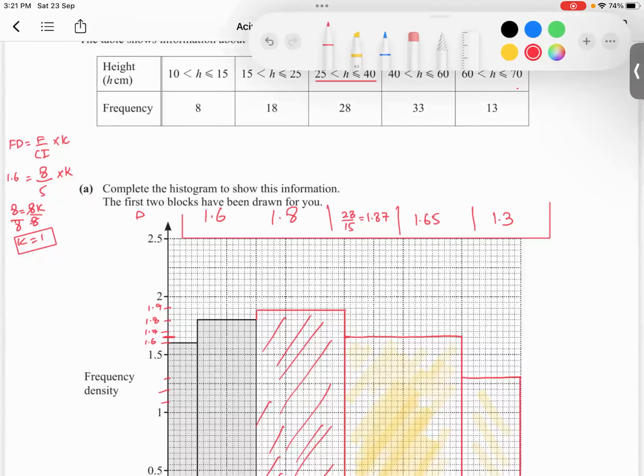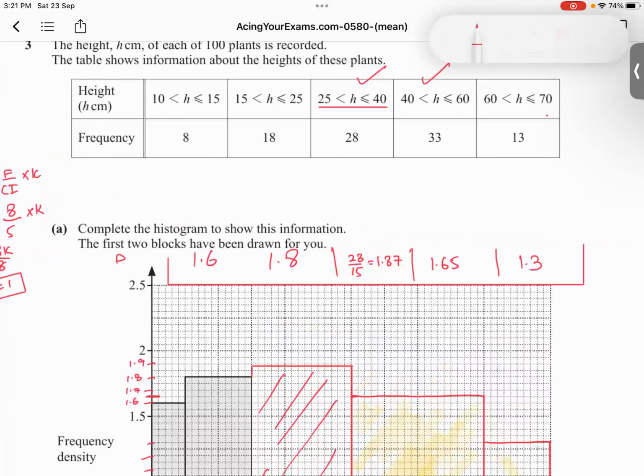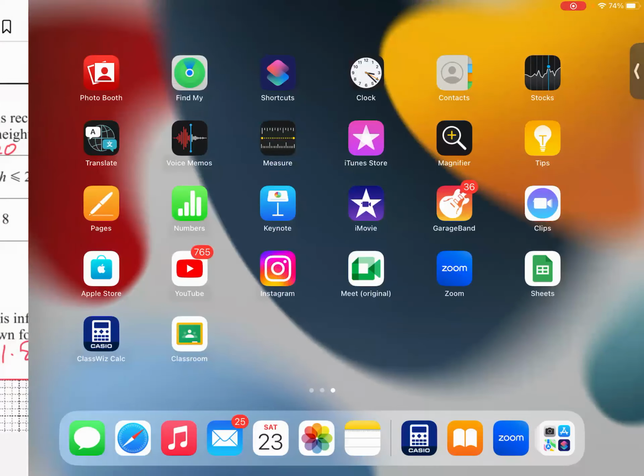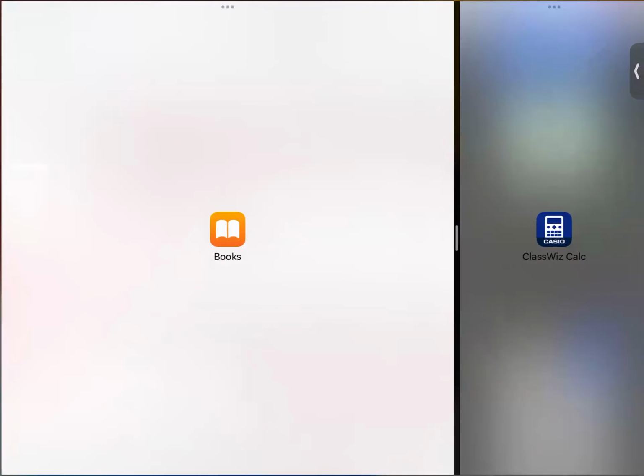So for mean, we know that we need fx. Now this is my x. So x would be your midpoint, because from 10 to 15 I have to multiply some number. So midpoint between 10 and 15 is 12.5. Between 15 and 25 is what? It's 20. From 25 to 40, it is what? 32.5, everybody. How can we get the midpoint? Now that can also be a question in your mind. That midpoint is first and last divided by 2.